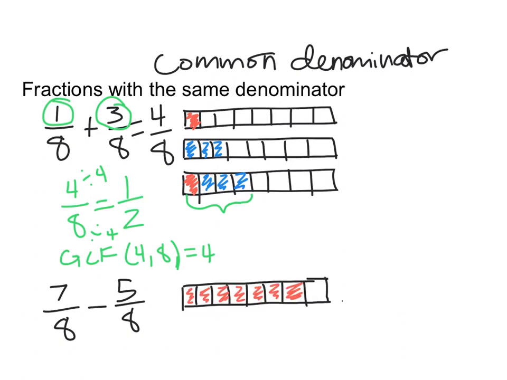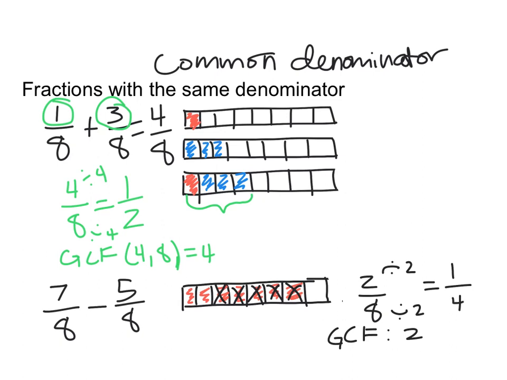All right, so to picture this, we start out with 7/8, and then we take away 5 of them, leaving us with 2/8, and the GCF of 2 and 8 is 2. So I divide numerator and denominator by 2, leaving me with 1/4 as our final answer.